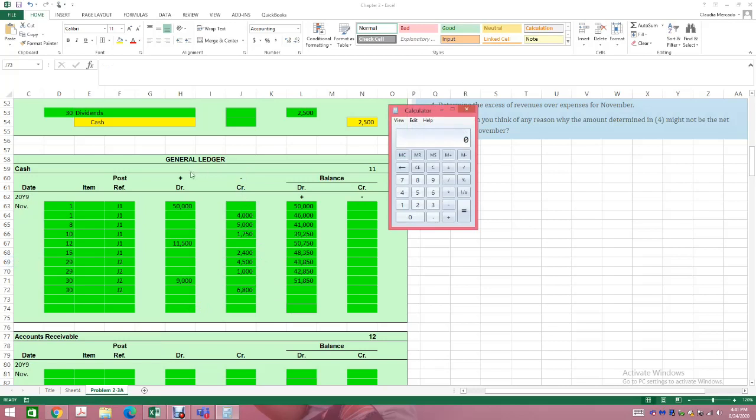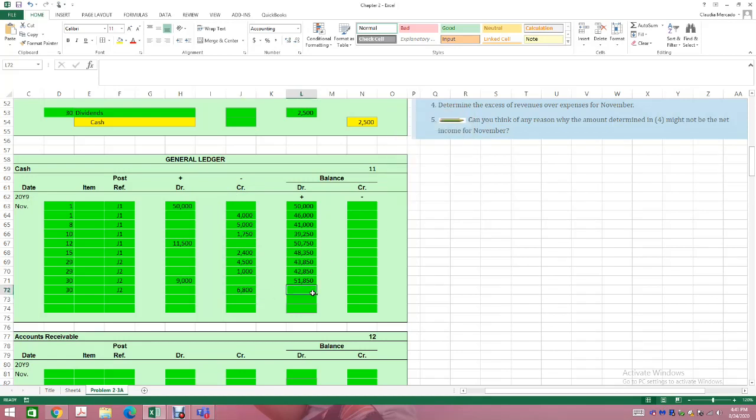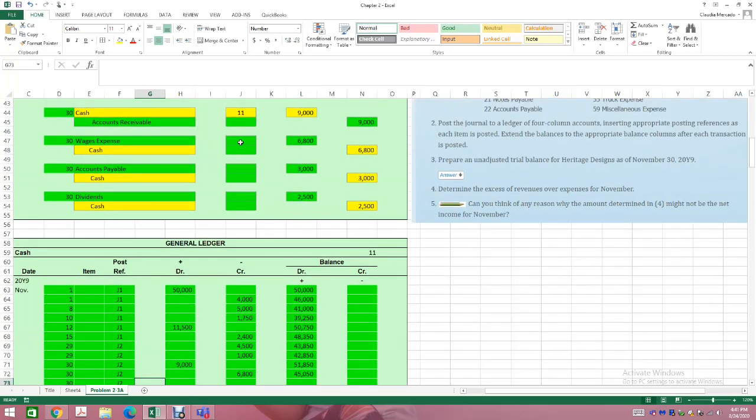But assets, you add your debits, you subtract your credits. So it'll be $51,850 minus $6,800. That'll be $45,050. On the 30th, we have journal 2. We need to go back over here and enter our account number.